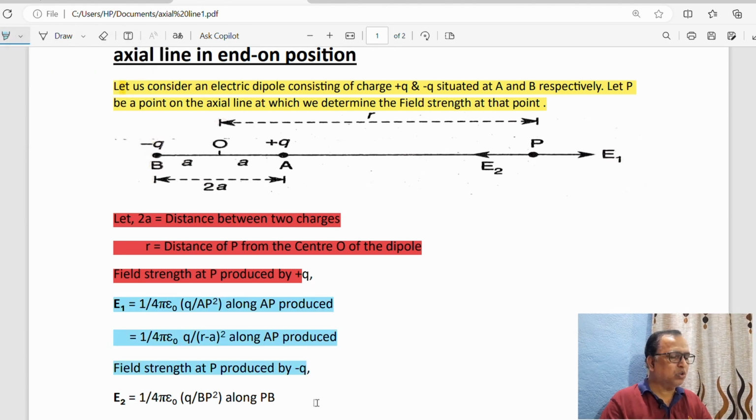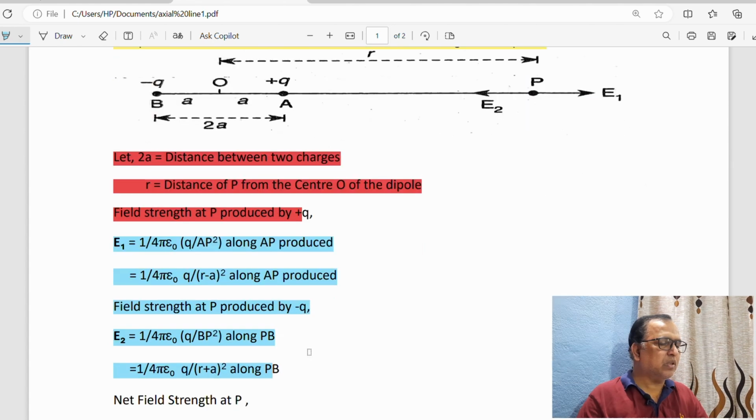Now we find out E2. E2 is the field strength at P produced by minus q.